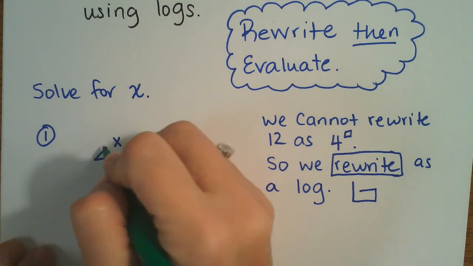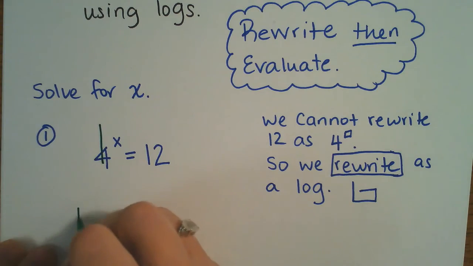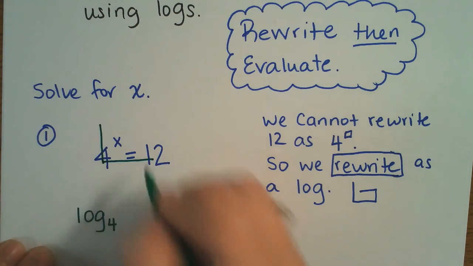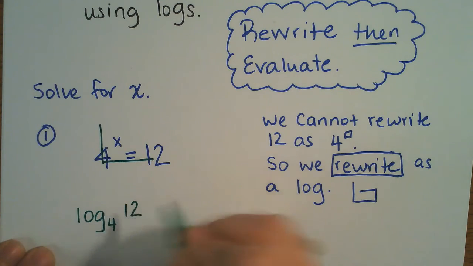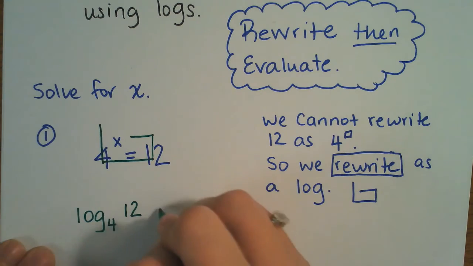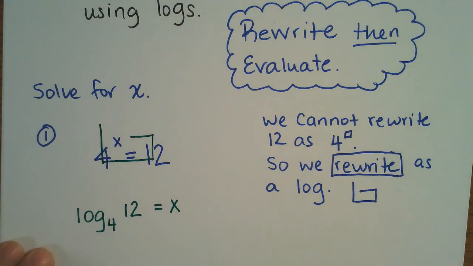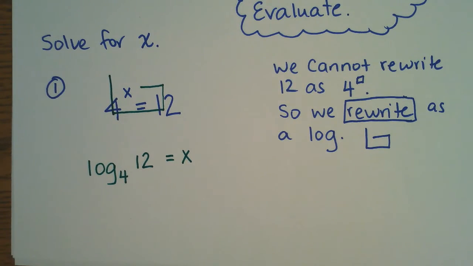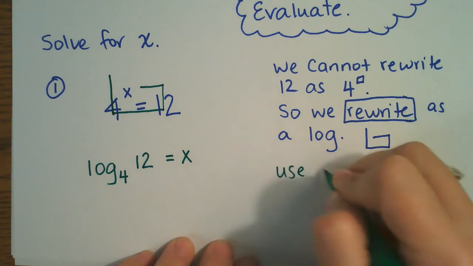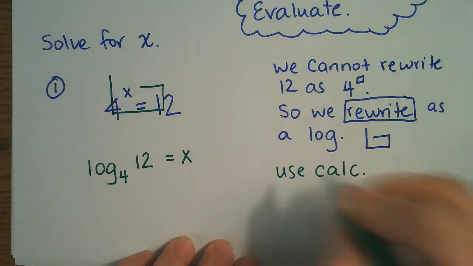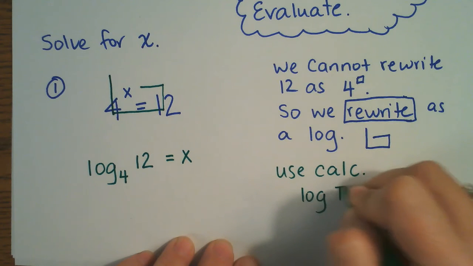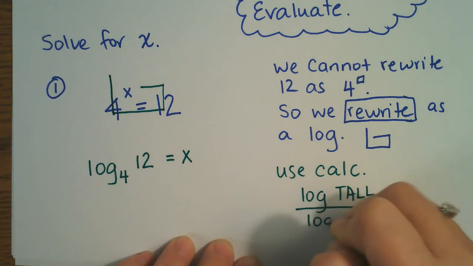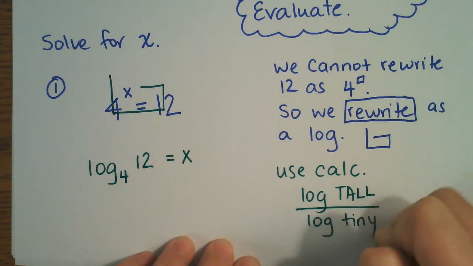This will be log base 4 of 12 equals x. So to calculate this answer, we're going to use the calculator and put it in as log of the tall over log of the tiny.